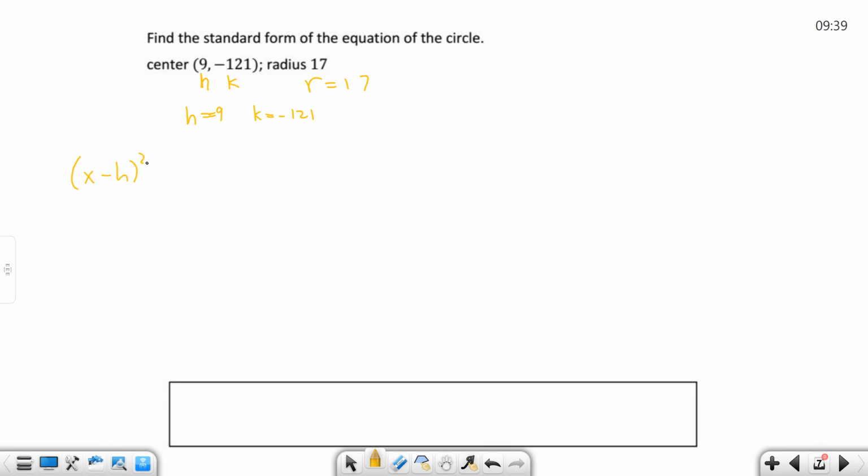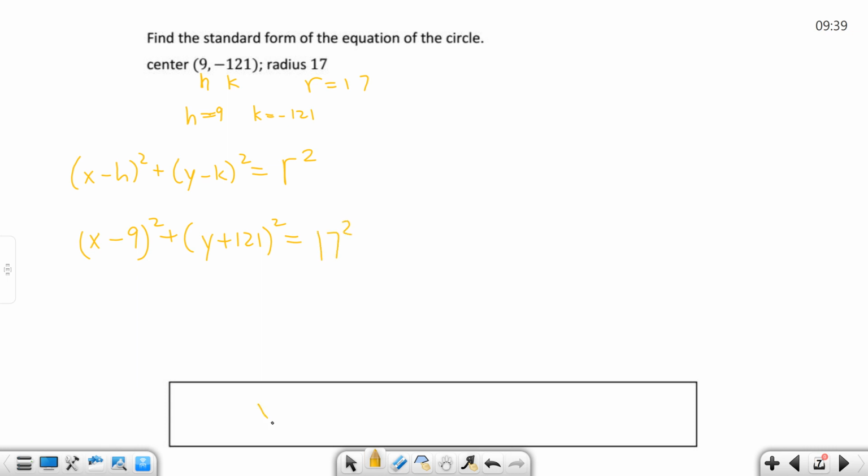I just messed it all up. X minus h squared plus y minus k squared equals r squared. I'm not sure what that's supposed to be. R squared. I'm trying to write a number or something. So then x minus 9 squared plus y minus negative 121, which is plus 121, squared equals 17 squared.